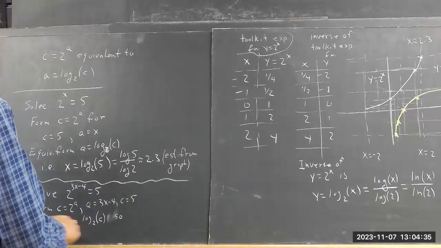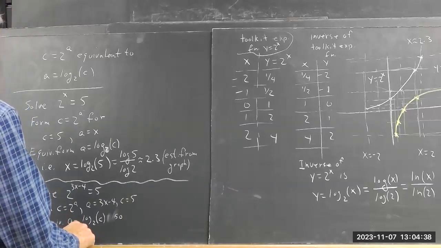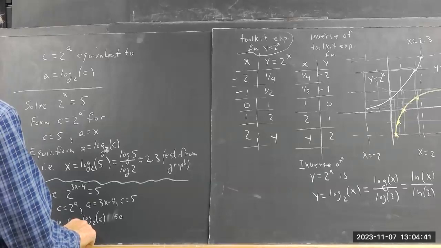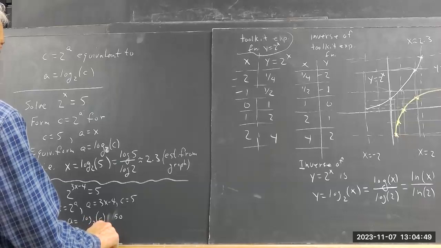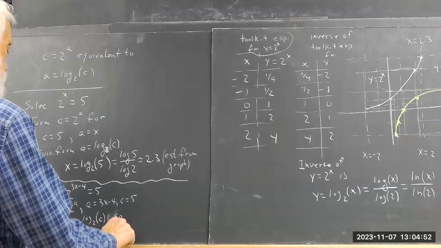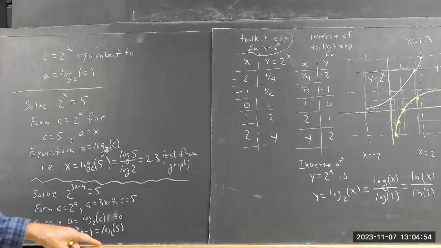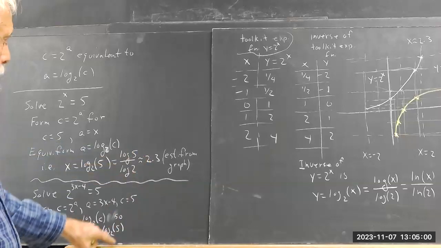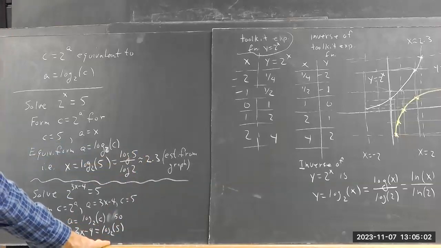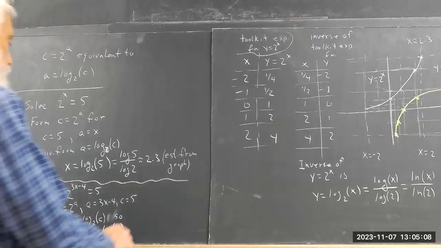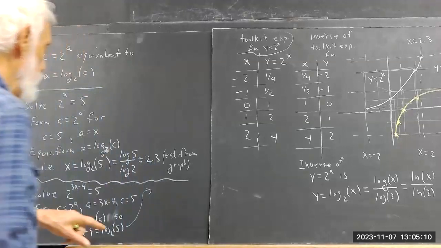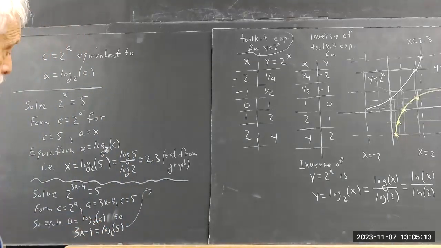Let me write it. 3x minus 4 equals log base 2 of 5. Yeah, we estimated that that's 2.3. I could put 2.3 in here, but I don't want to. I want to solve this equation before I use my calculator.